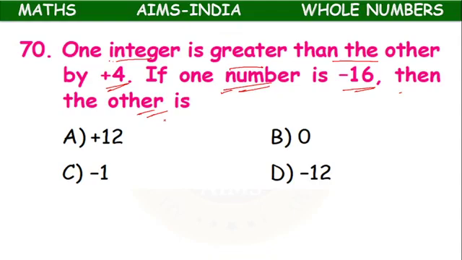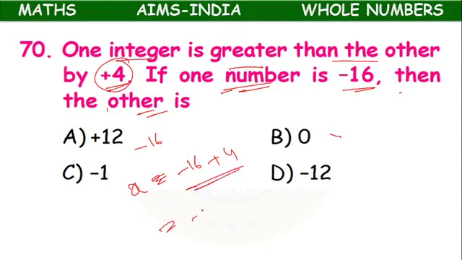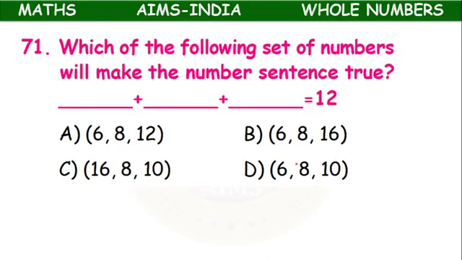They have given one number as minus 16. The other number, let it be x, is plus 4 greater than minus 16. We have to add plus 4 to minus 16. So what will be the answer? Minus 12. D option. Minus 12 is the correct answer.